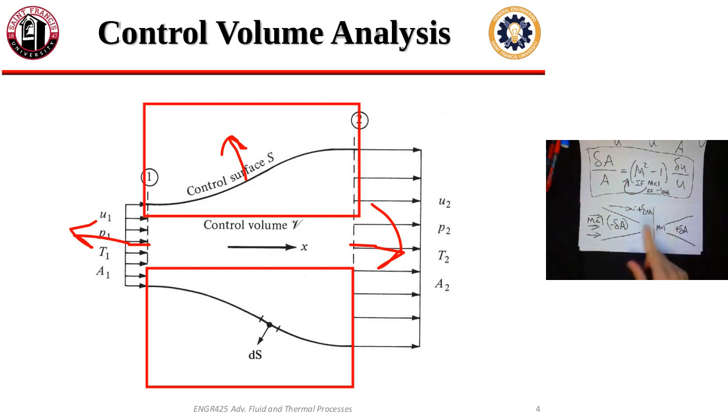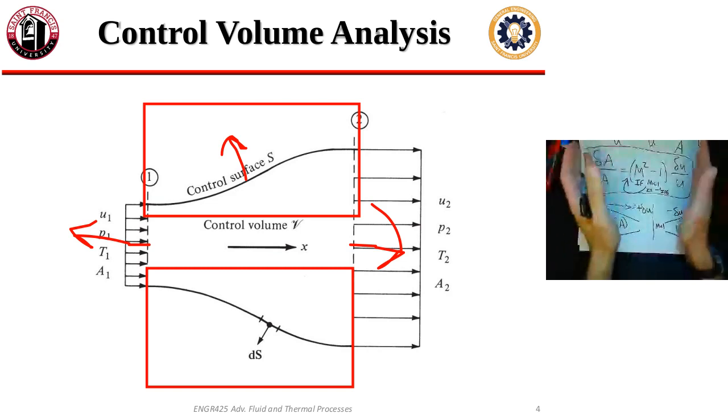In order to satisfy signs, because dA is positive now and M is still less than 1, this term's still negative. So du has to be negative. So if we pull our nozzle back apart, we get a negative change in velocity, which again is what we expect for subsonic flow.